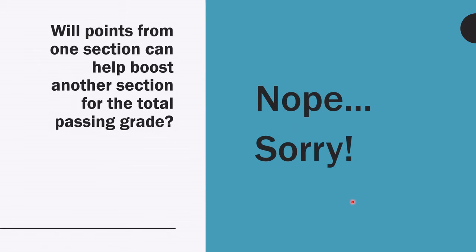So if I'm taking one section of the GED test and I happen to fail that section, and then I do very well in another section and get a whole bunch of good points, will that help balance things from one section of the test to another? No, sorry, it will not. You have to have the minimum score on each of the sections of the GED test in order to pass your GED exam, which I'm going to talk about a little later.